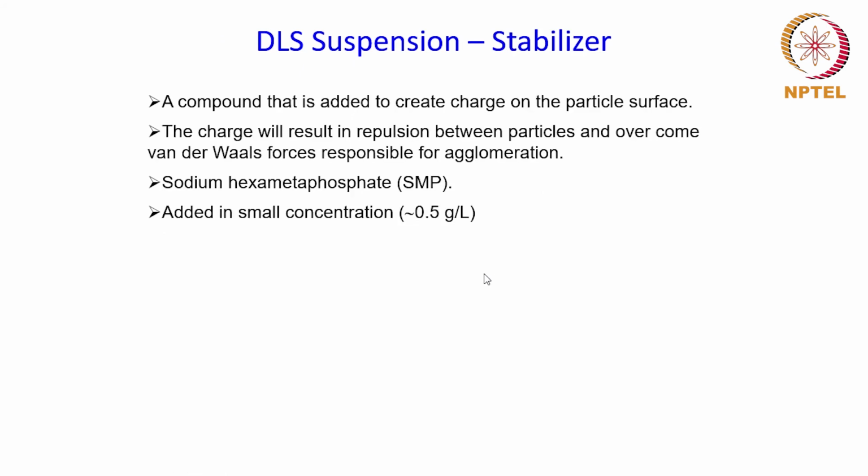So in order to avoid that, what is done is a compound is added to the suspension to stabilize the dispersion and prevent reagglomeration of the particles. Okay, so therefore this kind of compounds are known as stabilizer.